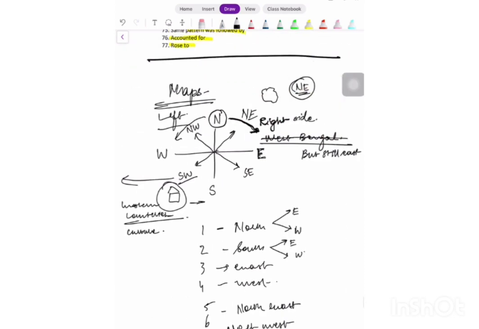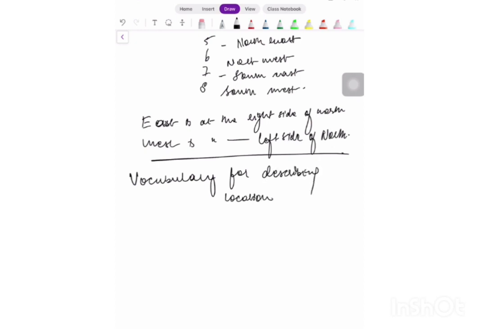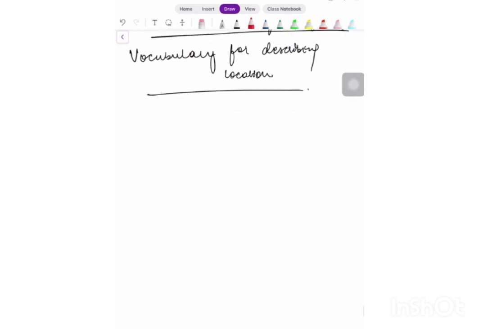And if you want to write east or west in terms of south, because north is considered the standard most head because it's present at the top, east is also present at the right side of the south and west is present at the left side of the south. So these are the directions. Now there is certain vocabulary for describing location. And what is that vocabulary?